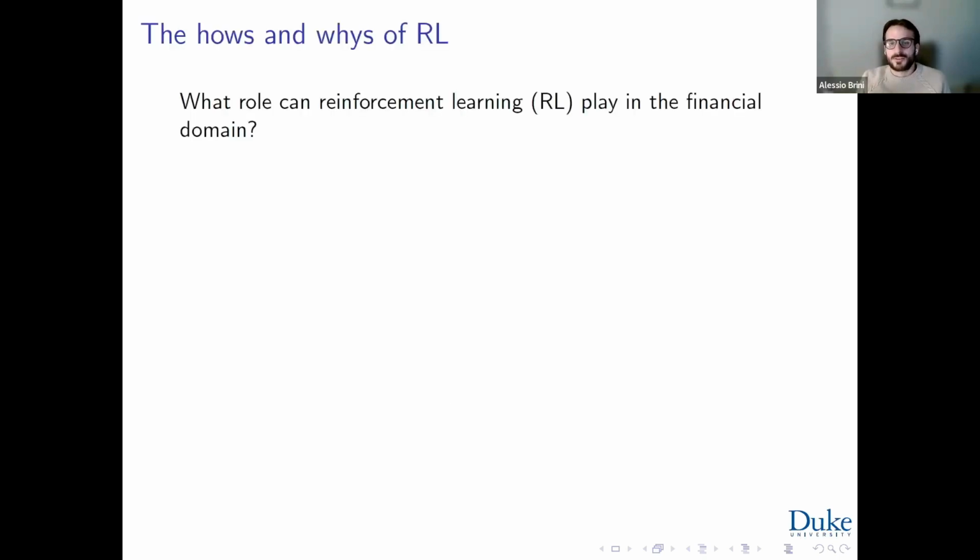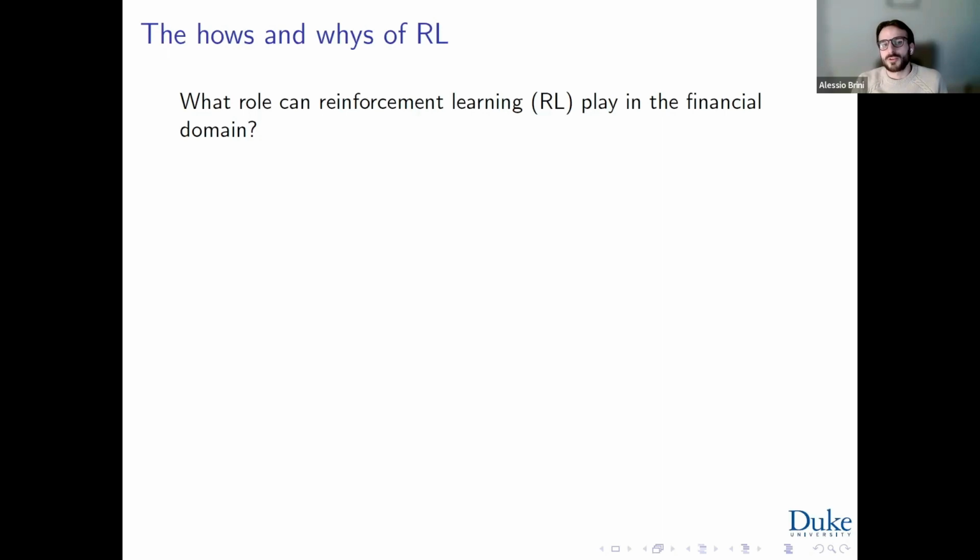So let's start trying to motivate why reinforcement learning in the financial domain. First of all, reinforcement learning is a branch of machine learning. It's a paradigm, and it's different from the other paradigms that you may already know, like supervised and unsupervised. It offers some other opportunities, but it also comes with other challenges.